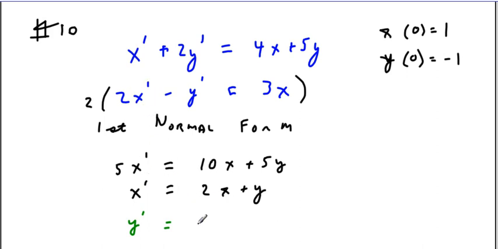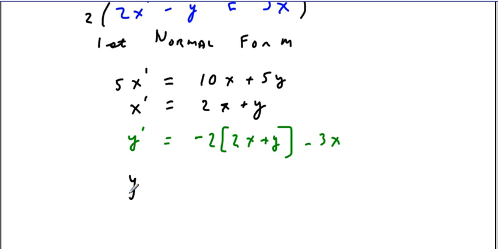So that's going to be minus 2 times 2x plus y. Okay, so I'm putting that guy in there, then bringing this guy over there, minus 3x. So I end up with y prime is equal to x plus 2y.